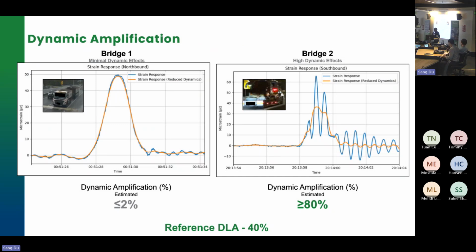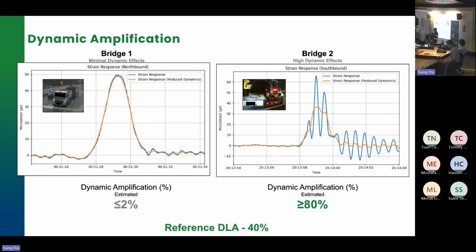It's a good question. We haven't gone into the DLA yet. This is only our observation on dynamic amplification, and that's a really good point. That's why we've made it clear that it's not DLA. The DLA is only a reference number. But if you look at the right-hand side, for that particular bridge, bridge number 2, if we actually work out the DLA it will come out very high, because we consistently see very high dynamic effects.